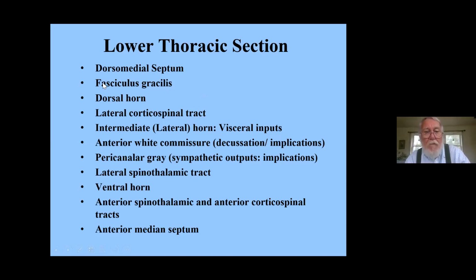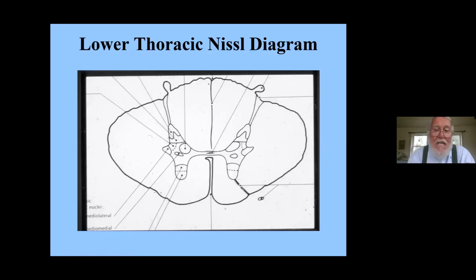So we're going to be basically seeing a dorsomedial septum, the fasciculus gracilis, dorsal horn, lateral corticospinal tract, the intermediate and lateral horn for visceral inputs, then the anterior white commissure, the pericannular gray, and then the rest of these sections. And here we're looking at again a Nissl diagram, where we're going to be predominantly looking at cell bodies.